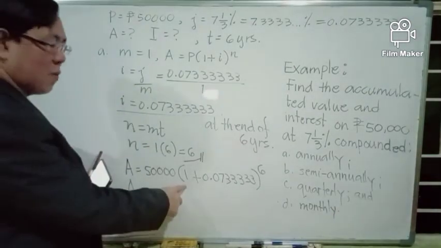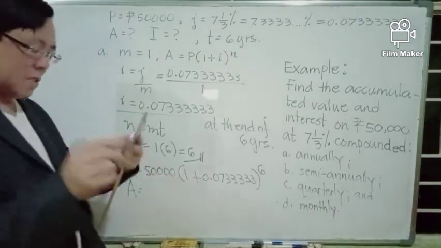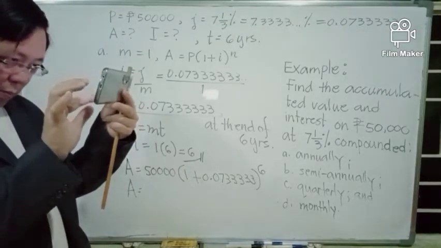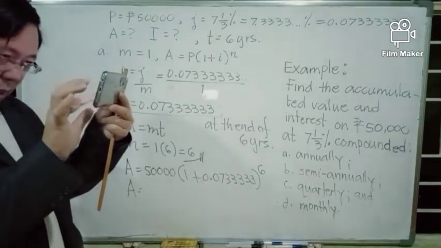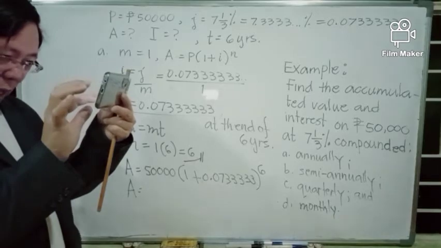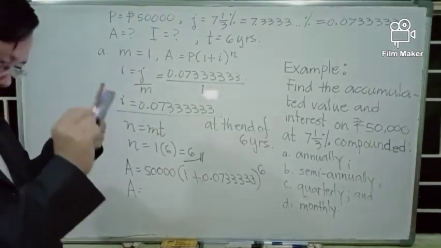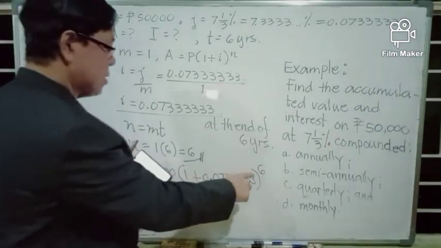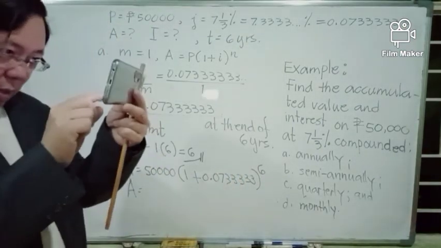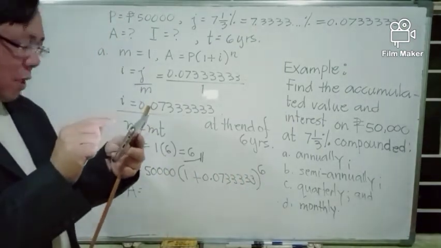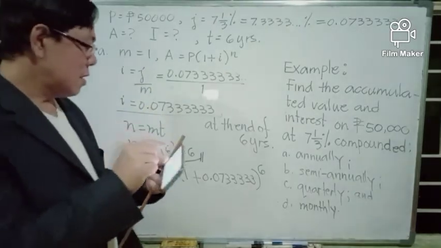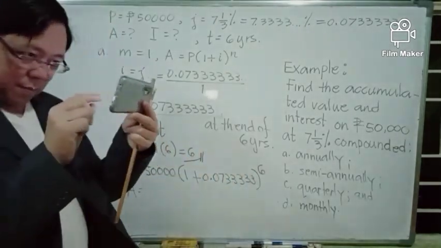And you start with 1 plus 0.07333. You press as many 3s as you can in your calculator. To the power, you press the power, the exponent key, in your calculator, to the power 6.